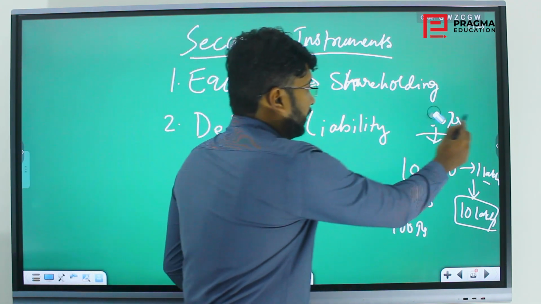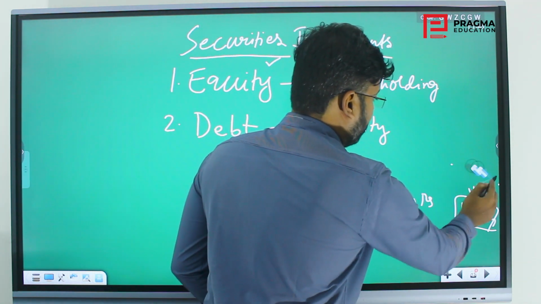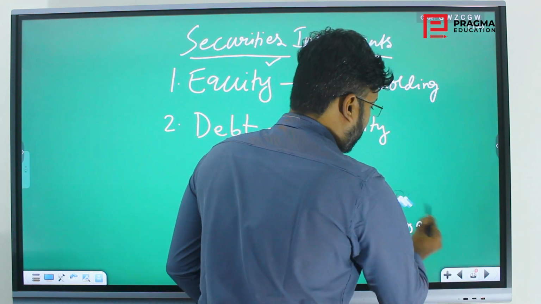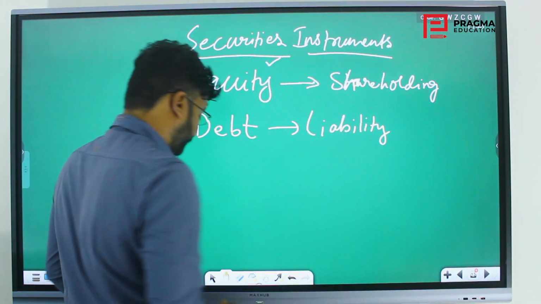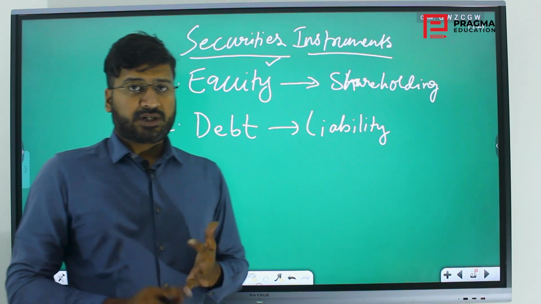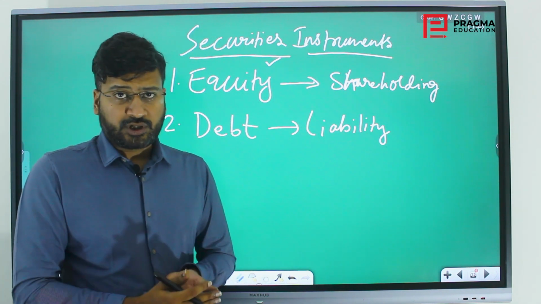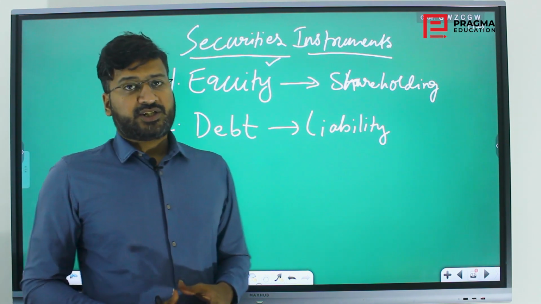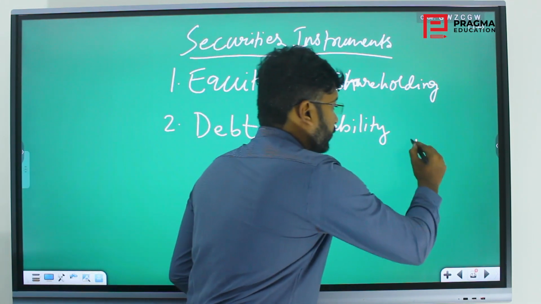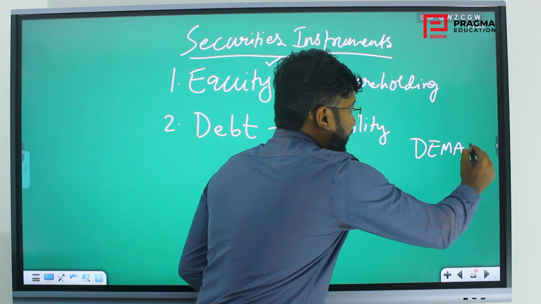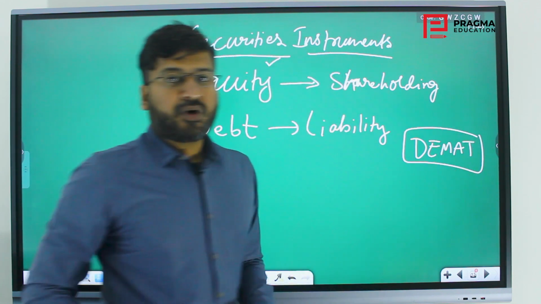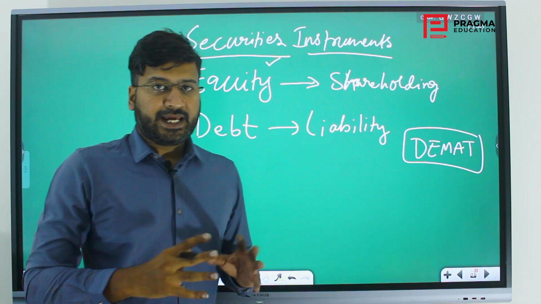If you get a question regarding what a Demat account is, some of you may have heard of it if you are investing. If you are buying equity, shares, Nifty, Sensex, mutual funds, we will see what everything is. If you are buying such instruments, it is only possible through a Demat account. What is the full form of Demat? Dematerialized.